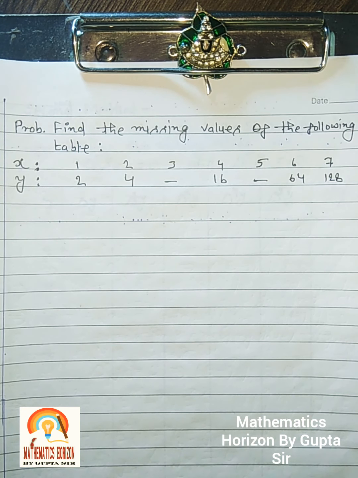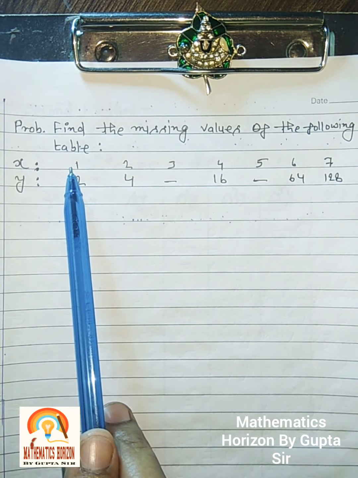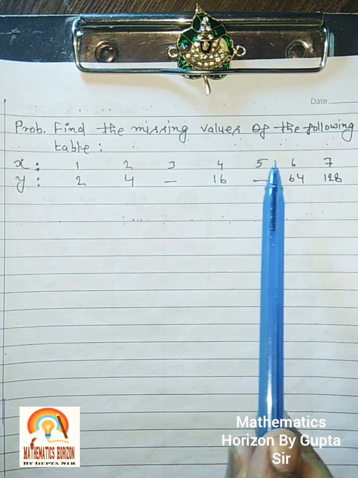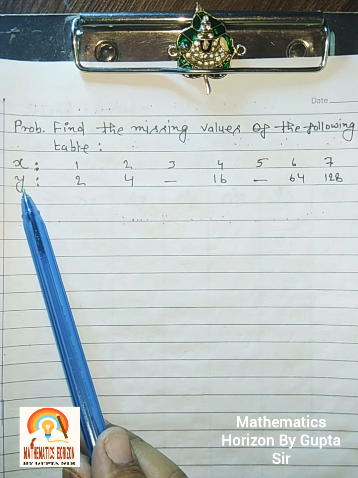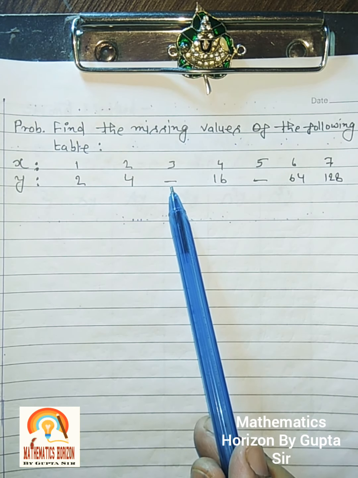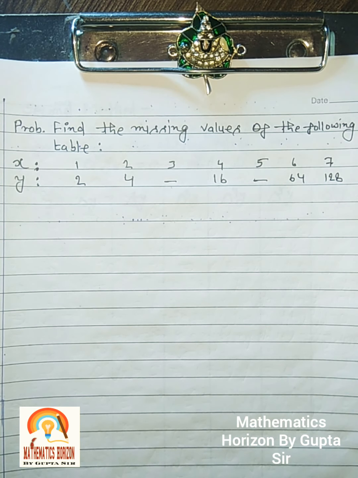Suppose this is a given problem. Find the missing values of the following table. Data is given x equal to 1, 2, 3, 4, 5, 6, 7, and corresponding values of y are 2, 4, this is the missing term, 16, missing term, 64, 128.